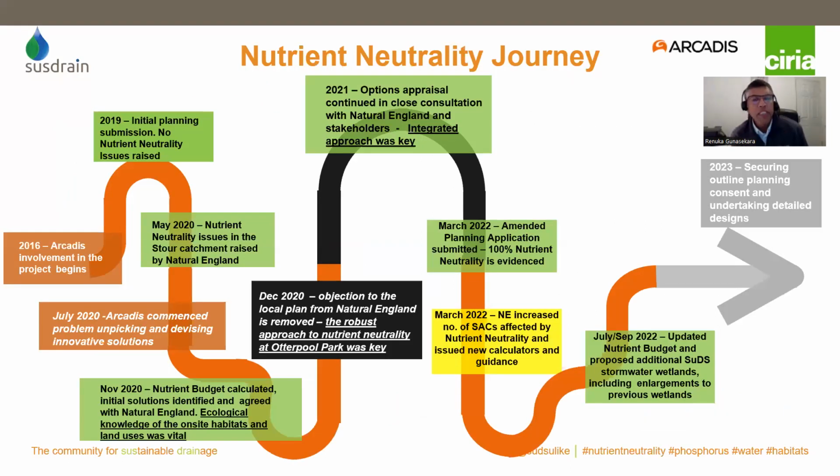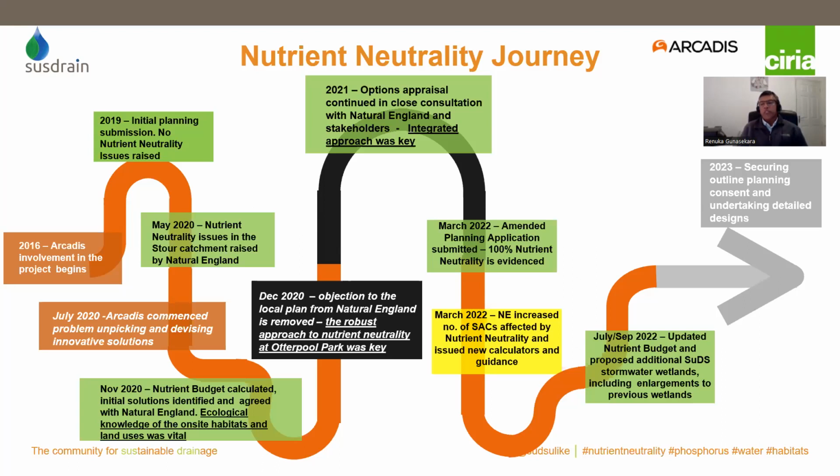So we started looking at Otopul Park, helping the client to deliver the master plan, produced back in 2016. And we worked through the planning team and stakeholders, and submitted the outline planning application around 2019. And then we hit the new requirement of nutrient neutrality from Natural England for Stodmarsh.